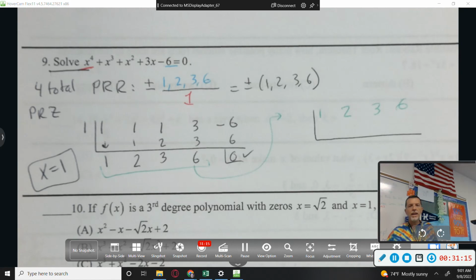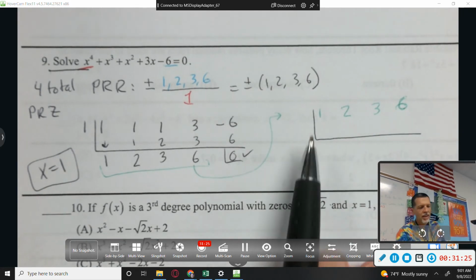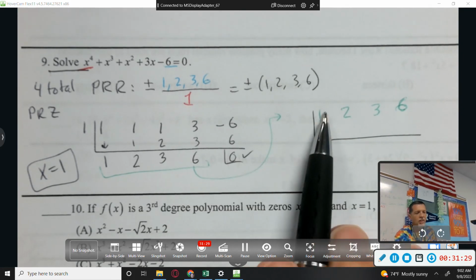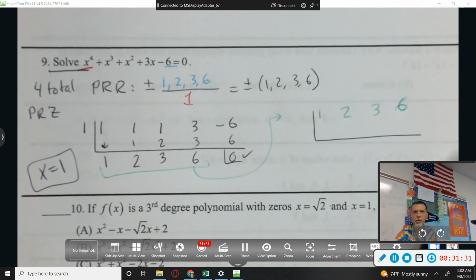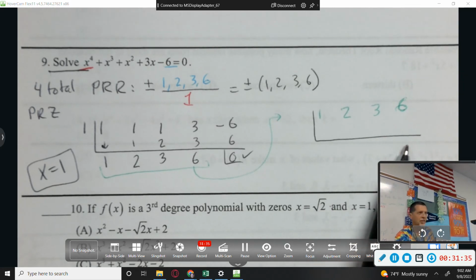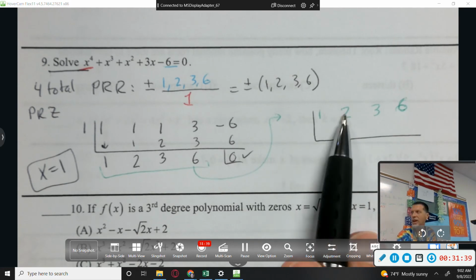Okay, side note here. You don't have to remember this, but after you do a bunch of them, you start to realize things. If I put a positive number out here, and all I do is multiply and add with a bunch of positive numbers, there's no way I'm going to get to 0. Right? If I put a 2 out there and multiply and add, I'm just getting bigger and bigger.